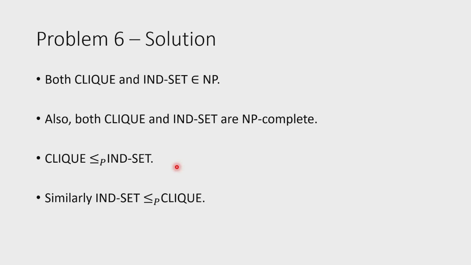Similarly, independent set is also in NP and clique is NP-complete, so independent set should also reduce to clique. This is one way to do it. Another way would be an explicit reduction, as you were saying. If this is fine, we'll move on to the next problem.